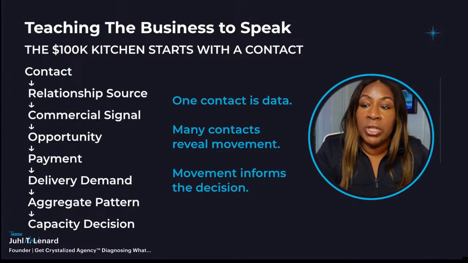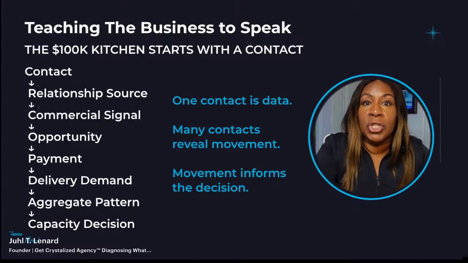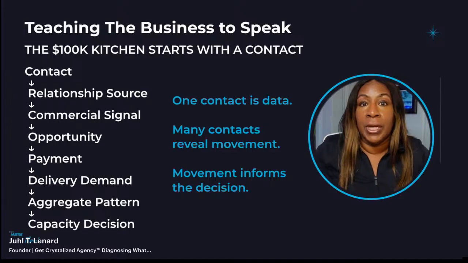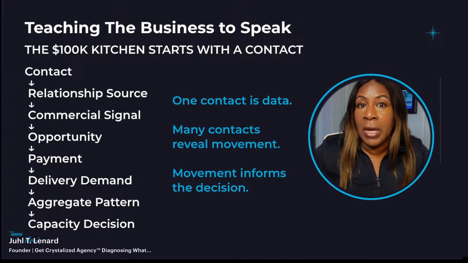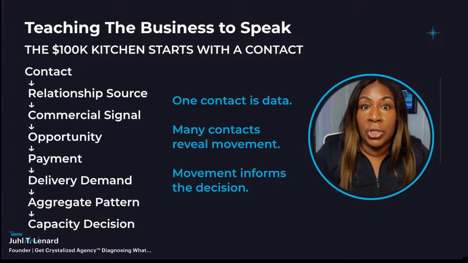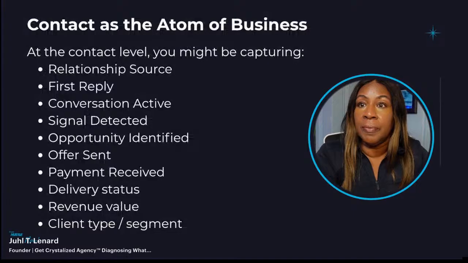So again, if we have the ability to track the contact and everything that happens to it through the journey, then we can teach our business to speak to us in a language that answers the questions we need answered to make the best decision.